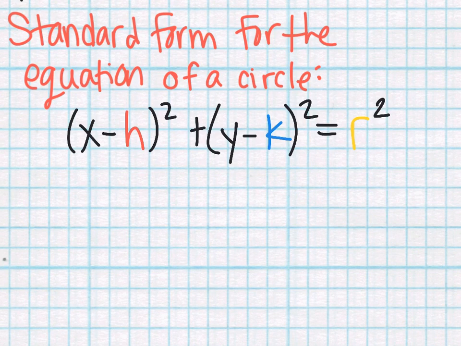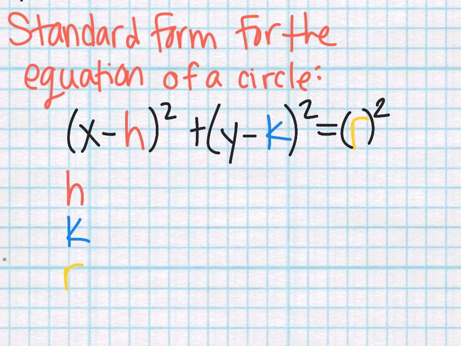Then we've got these letters h, k, and r. So we need to figure out what h, k, and r mean. I'm going to put parentheses around the r because it's going to help us later. So h, k, r. What are each of these things?